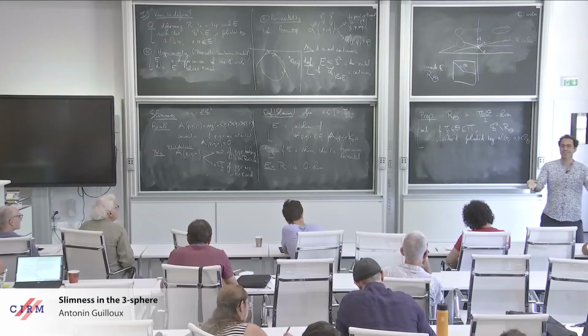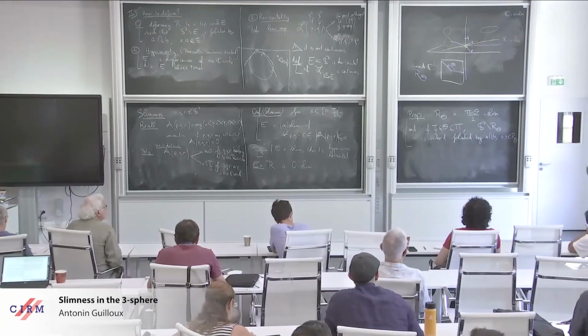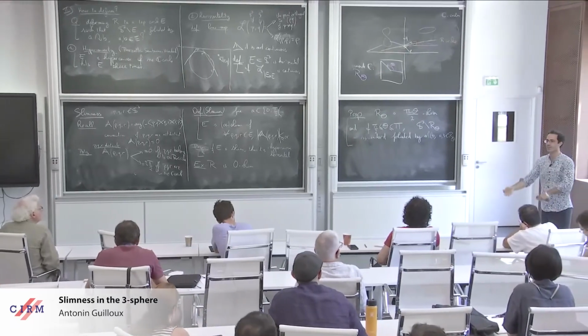At least I have a family of examples. Well, I have a one parameter deformation of this situation of foliation of the complement.